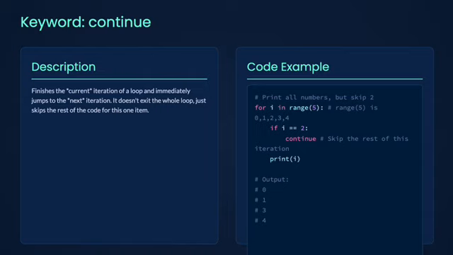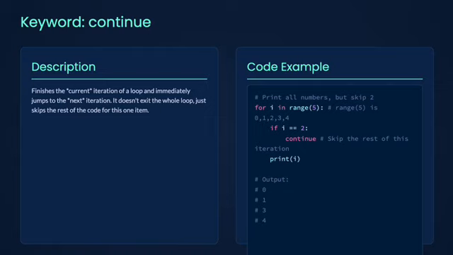So look at this example. We are looping from 0 to 4, and i is 0. Is i equal to 2? No, it prints 0. So i is 1. Is i equal to 2? No, it prints 1. So i is 2. Is i equal to 2? Yes, the code hits continue.